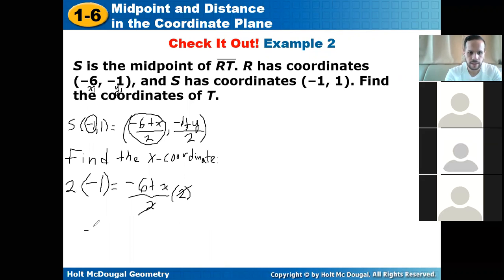It's gonna be -2. Okay, because 2 times -1 is -2. And in this part, we have -6 plus x. So what do we do now? Basic algebra, okay? So we're gonna move the -6 to the other side, or it's the same as adding 6. Sería lo mismo que sumar 6. ¿Cuánto nos da eso, mi gente?